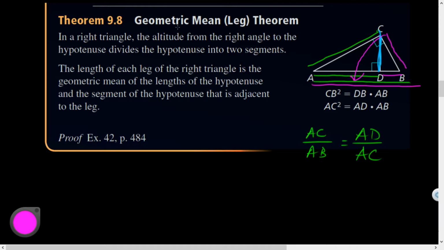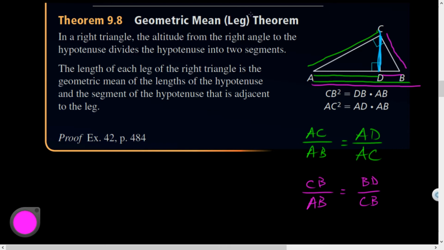It's the geometric mean between those two lengths. So let's see. If we set that up, I would have said CB over AB again is going to equal BD over CB. All right, so this is the geometric mean.